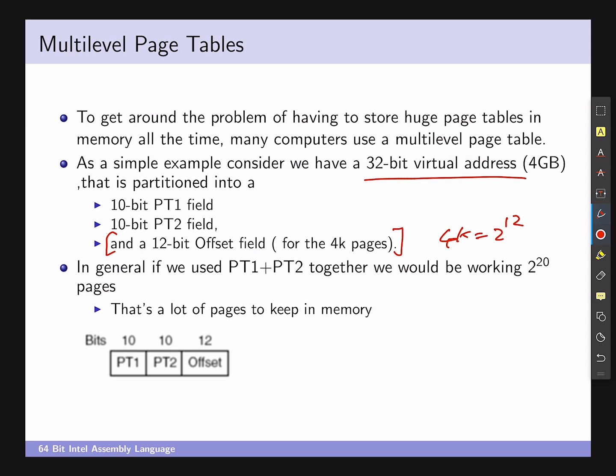So you could use a single level paging system and have a page table with many, many entries. So basically it would be 2 to the 20 entries. So it's still very, very large. Or we can use this multi-level system where we allocate 10 bits to be the lookup within the first page table layer, another 10 bits for the second page table lookup, and then we use the last 12 bits for the offset. So what actually is happening here?